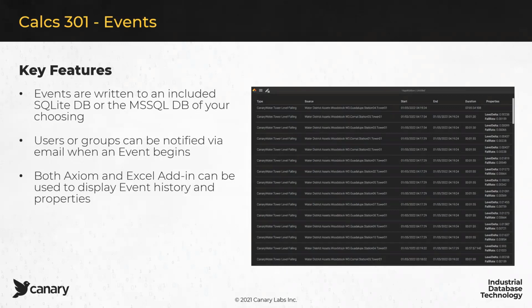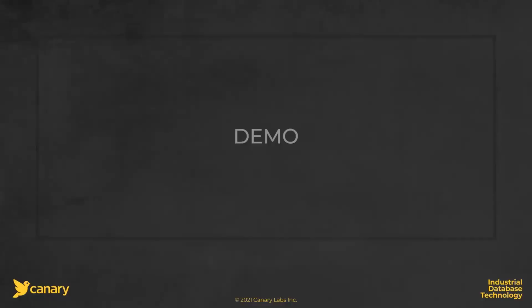You can read the events into other Canary client tools like Axiom and the Excel add-in and display the event history and properties in table format. Of course, because we are writing to a SQL database, other systems can access that database and you can query that database directly. All right, let's run through how to set this up.